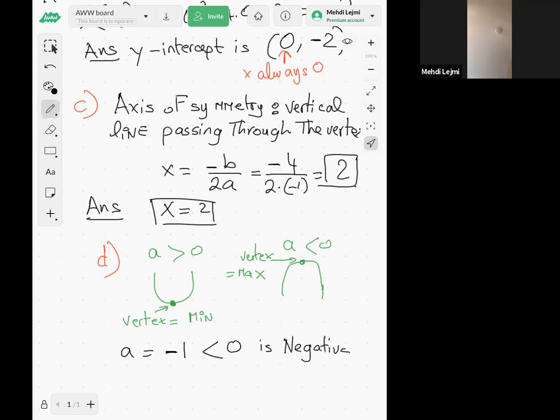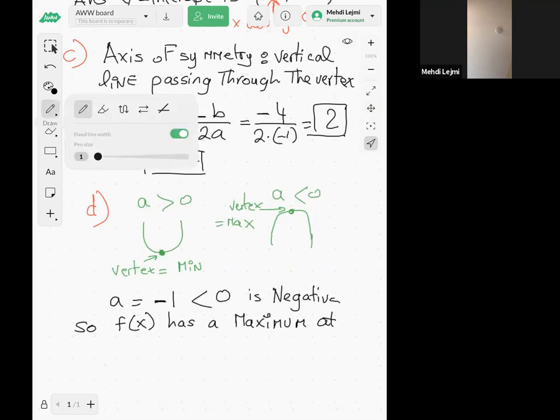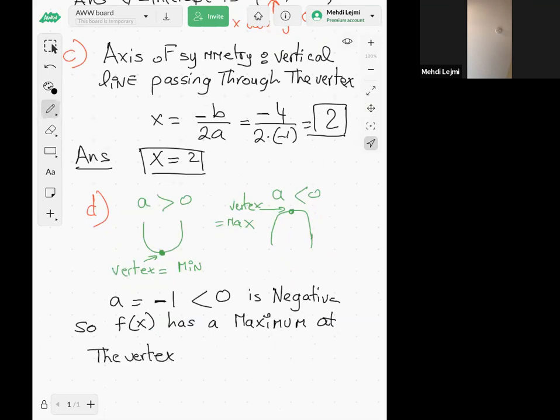So your parabola is going to open down, and f of x has a global maximum at the vertex, which is of course at x equals 2.